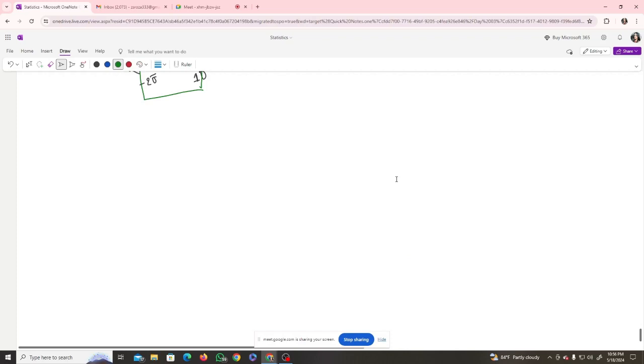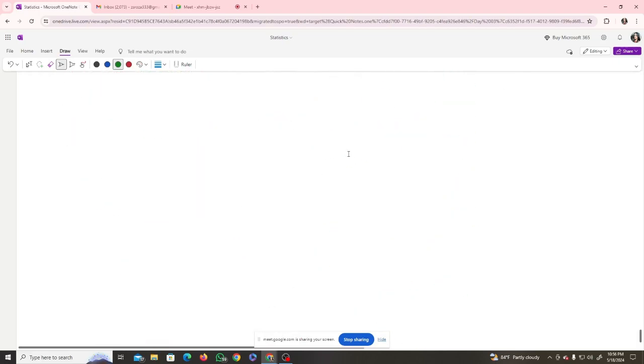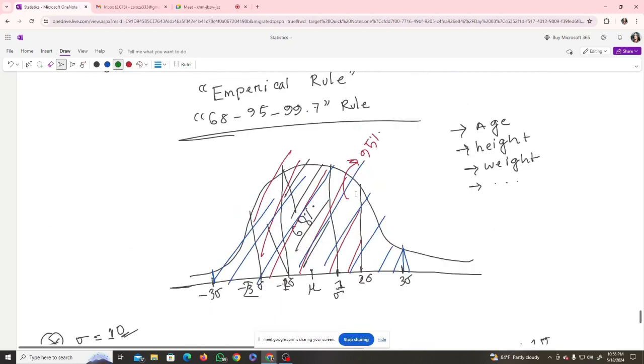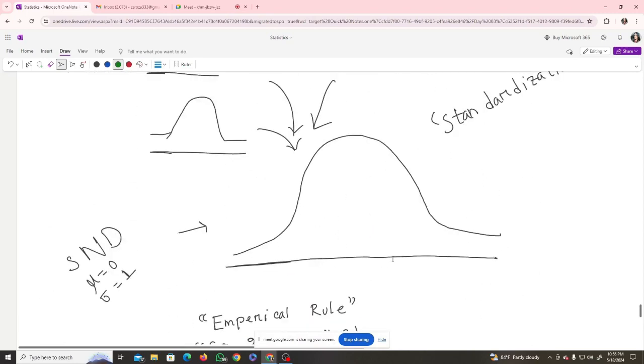Okay, which is Z score. So I just talked about how we can change the normal distribution to the standard normal distribution, right? And in this case, the mean will always be 0 and it will increase by 1. The standard deviation will always be what? The standard deviation will always be 1.